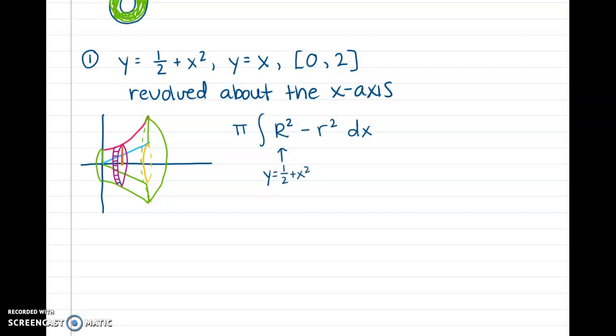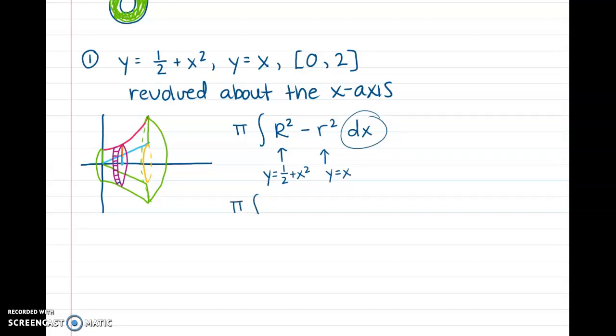The other radius was only here to the blue line, which was x, so this radius is y equals x. We want everything in terms of x because we have dx, so everything has to match.